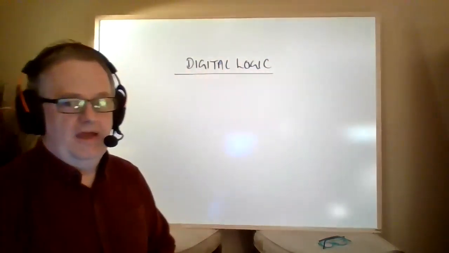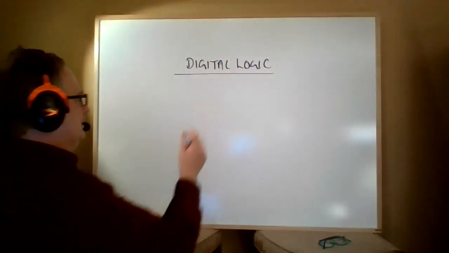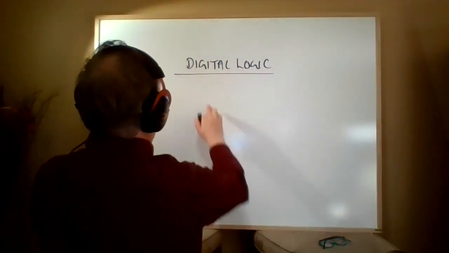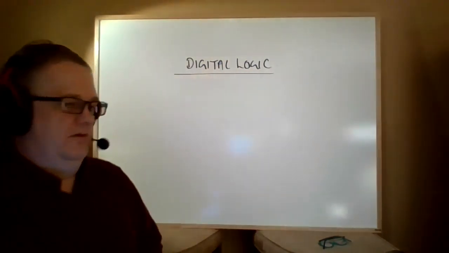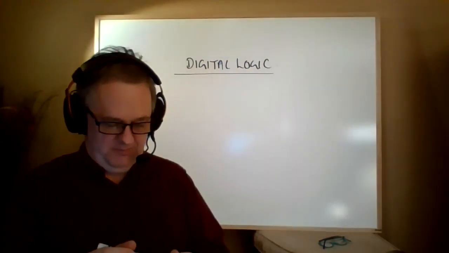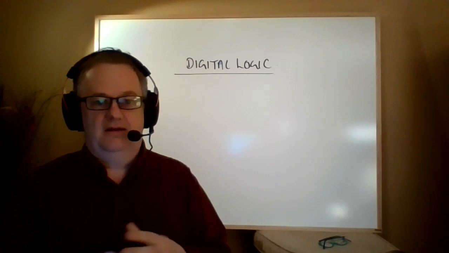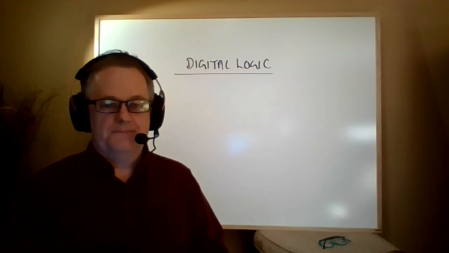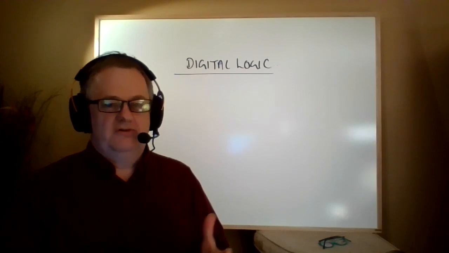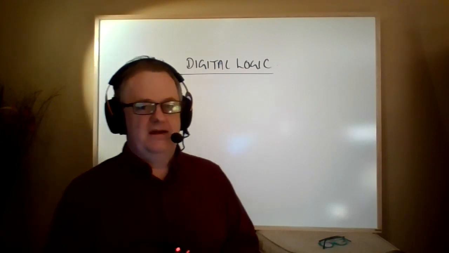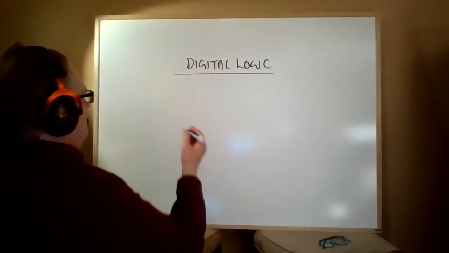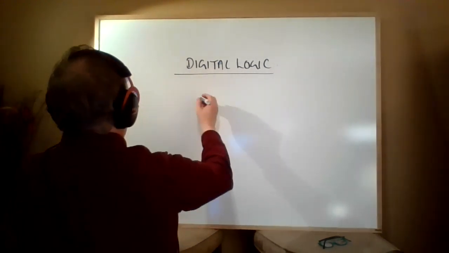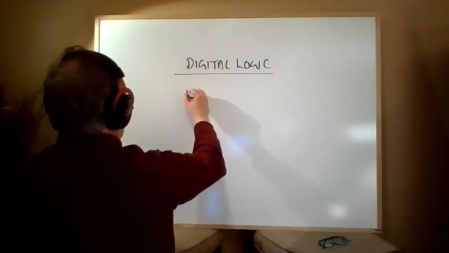With digital logic, what we're really looking at is a number of types of solid state integrated circuit components. And what we want to just do is get a brief idea of what these gates, as they're called, are, and how they operate.